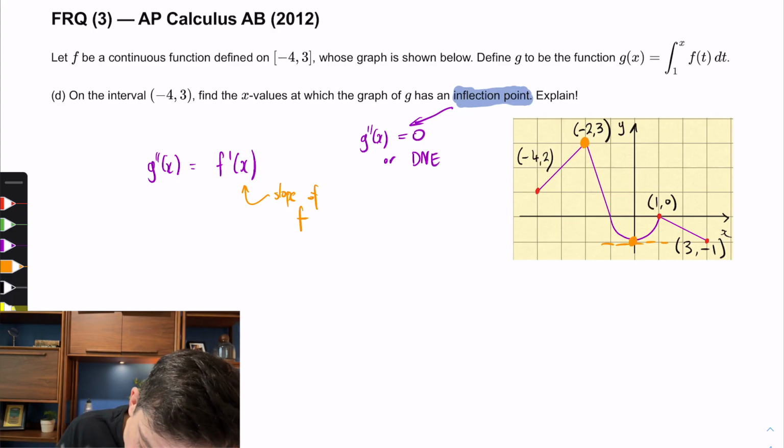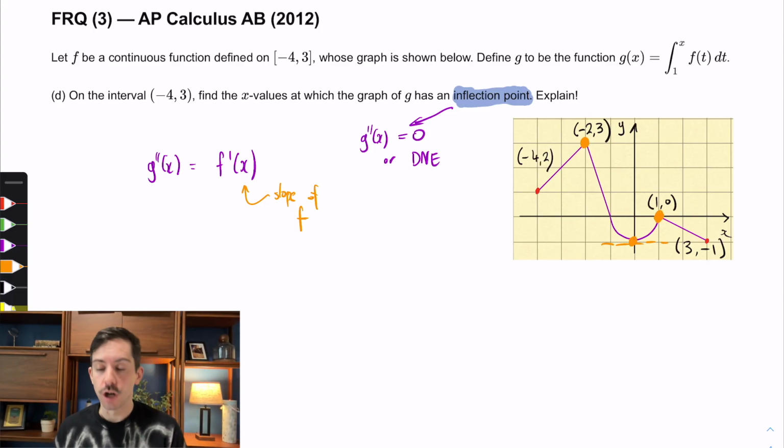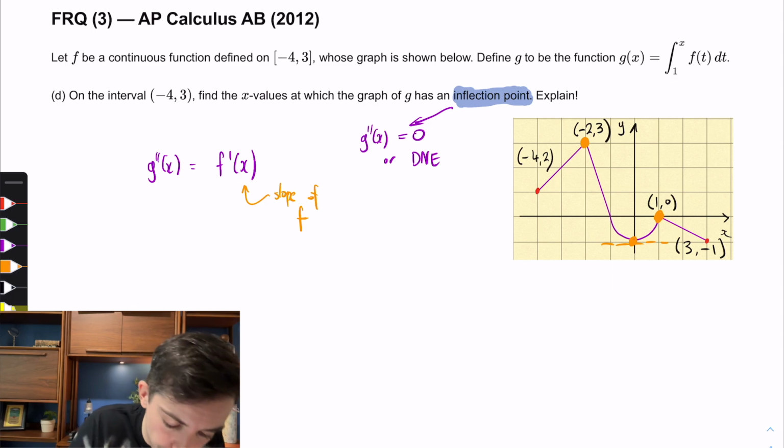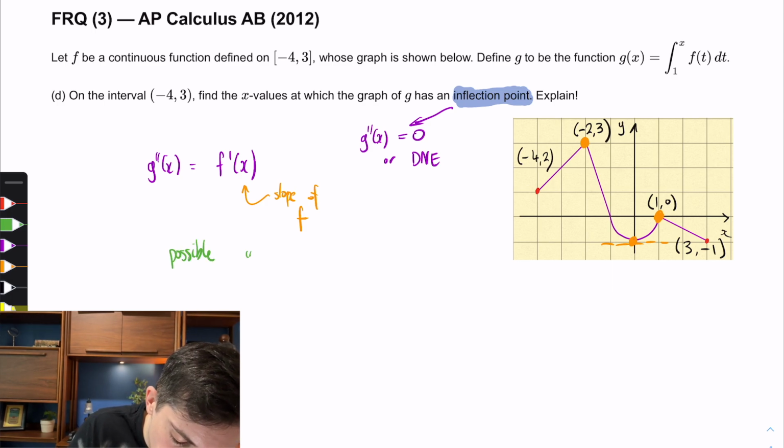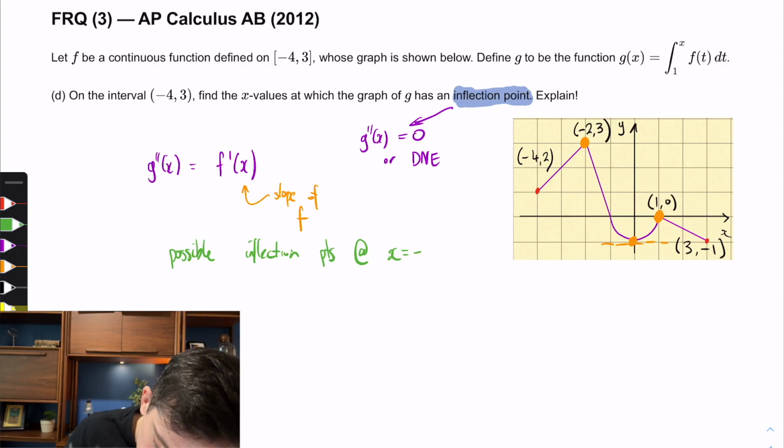I've got a corner occurring at x equals -2, and I've got another sharp corner occurring at x equals 1. So that tells me my possible inflection points are occurring at x equals -2, 0, and 1.